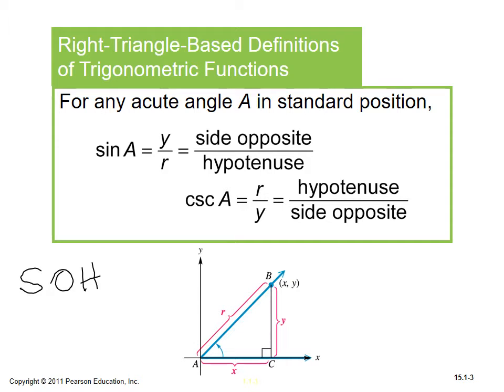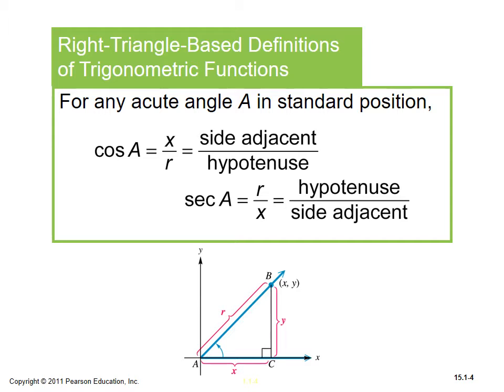So since this is the angle here, y is the opposite, r is the hypotenuse, and that way we know what we're dealing with. Since sine and cosecant are reciprocals, that's what you want to keep in mind. Cosecant matches up with sine.